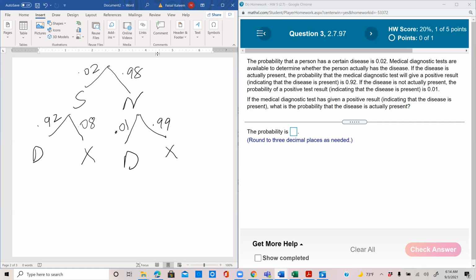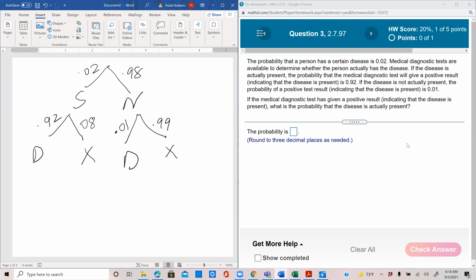Now, in the previous problem, they were asking us to calculate the probability that the person is diagnosed, so we went through all the branches which end up in a diagnosis. In this problem, the difference is they're saying if the medical diagnostic test has a positive result, what's the probability that the disease is actually present?